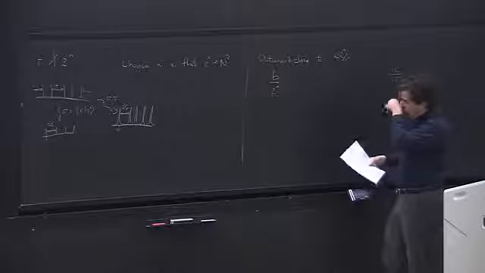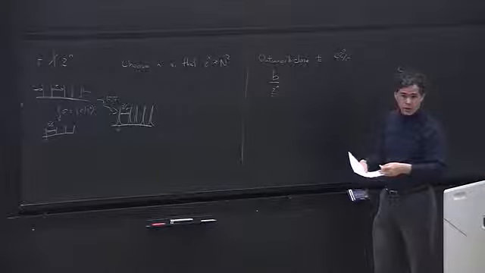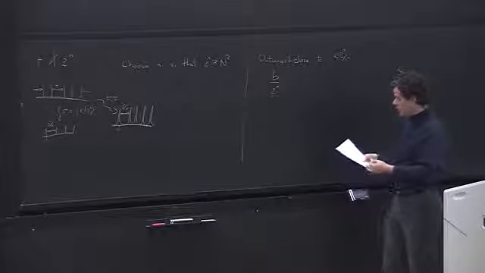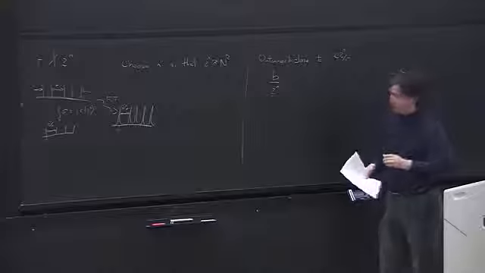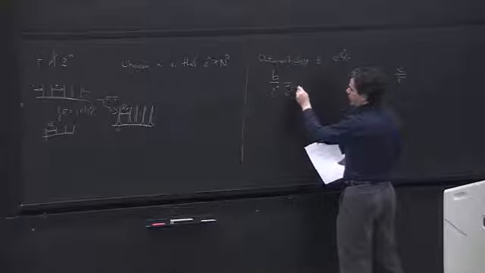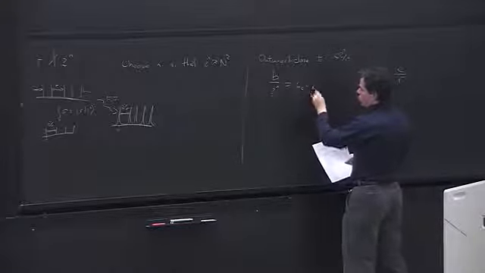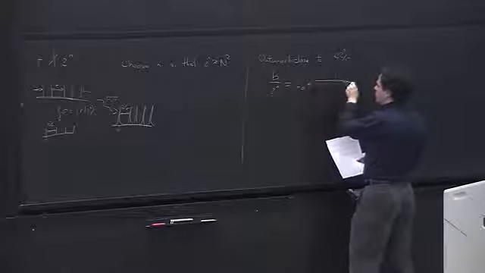It turns out that the best way to analyze this is using something called continued fractions. I don't know if people have heard of continued fractions before. The basic idea is that a continued fraction looks like this.